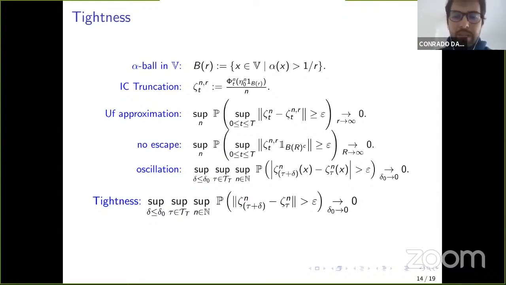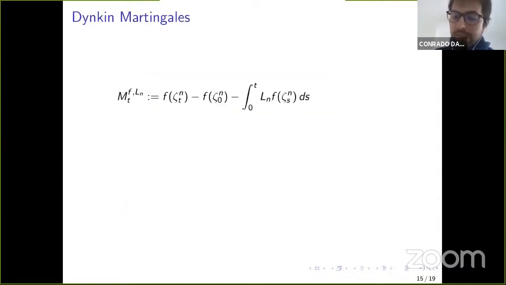And what we turn to then is to examine the martingale problem, or where the martingales associated to our process are converging to. So let me just remind you that for any function that is local and continuous, these formulas here are indeed Dynkin martingales. We call them Dynkin martingales because they resemble very much the ones that are constructed from actual generators. This is just a formula that one needs to prove separately, that it is indeed a martingale.